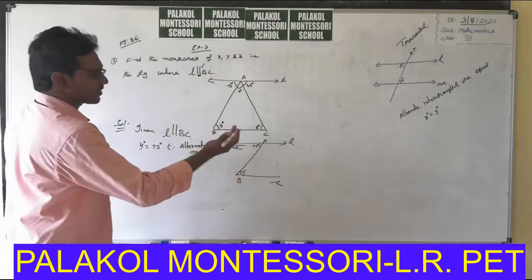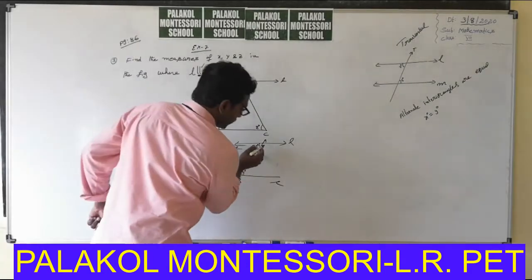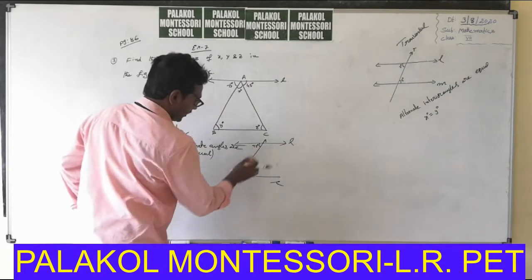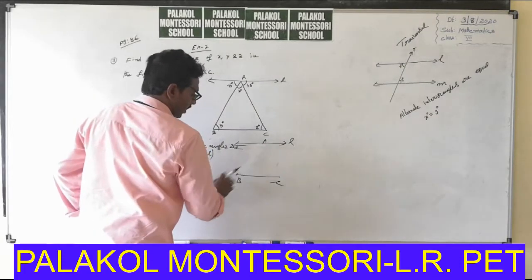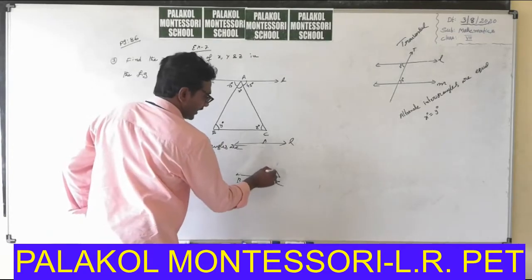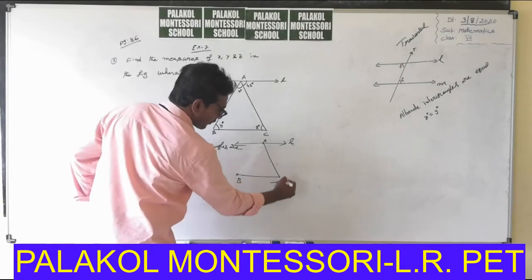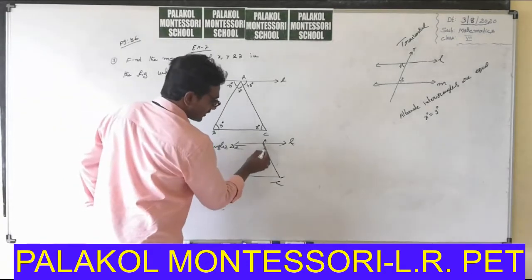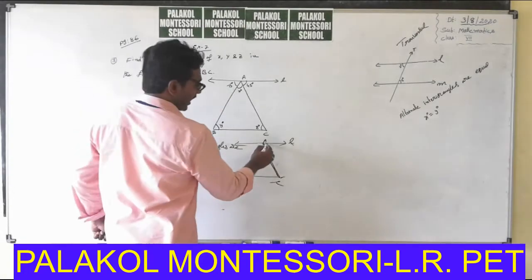The same concept similarly applies on that side. Draw one line on this side. I draw one line from C, and it intersects at A. Again, these are parallel lines. This line AC is called a transversal. The transversal makes some angles.